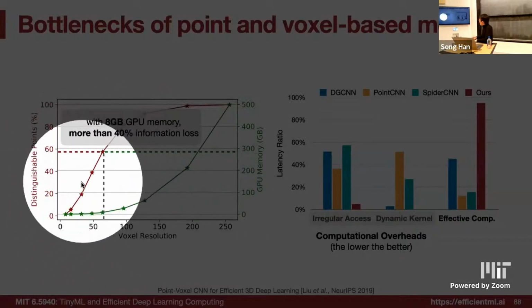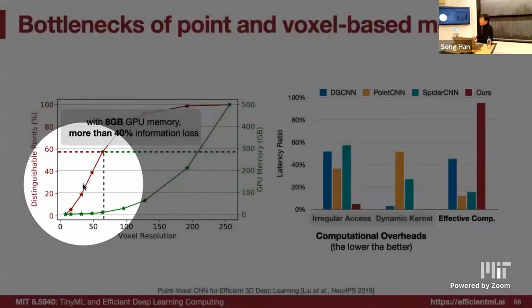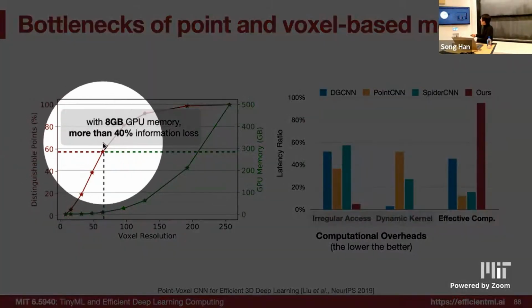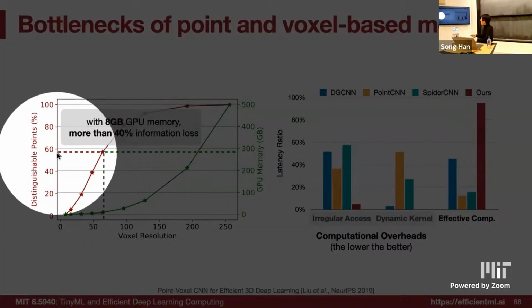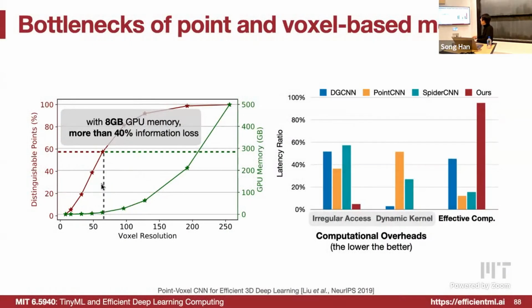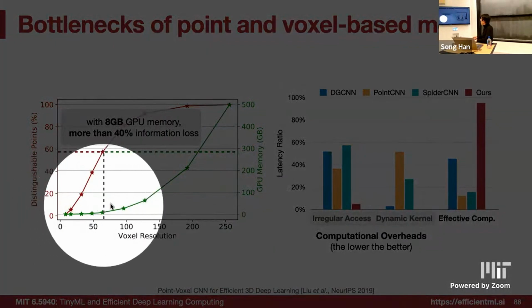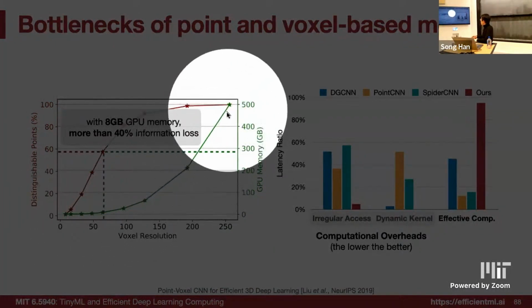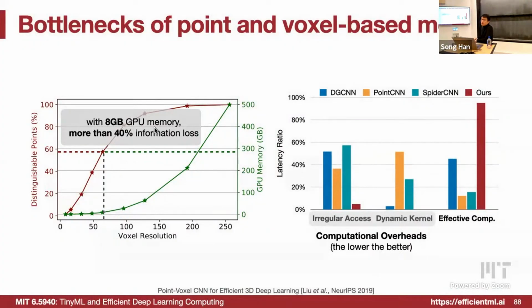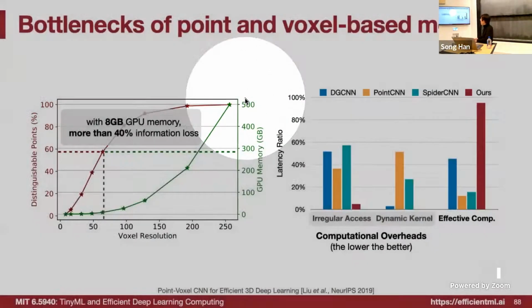If the resolution is too low, we cannot distinguish the points because they are merged into the same voxel. If we want to achieve at least 60% of the points being distinguishable, what is the memory requirement? When we are increasing the resolution, the memory is growing very fast. Actually, it's growing cubically with the resolution since it's 3D, right? So the memory grows cubically with the resolution.